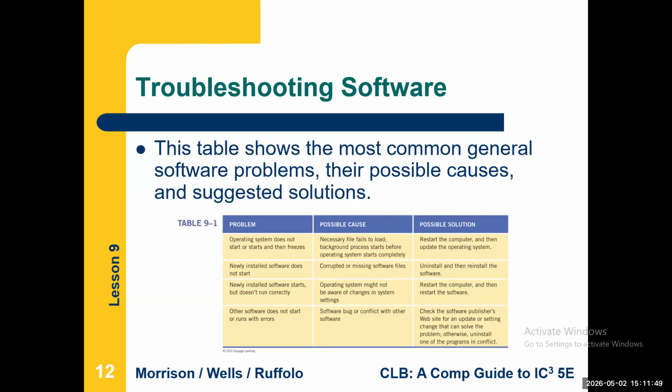So what are the possible causes? A necessary file fails to load. Sometimes there are some files that are needed to start your system, and they are not able to load. If that's the case, that might be why your operating system is not starting. Or background processes start before the operating system starts completely.